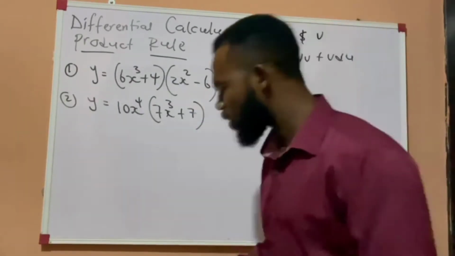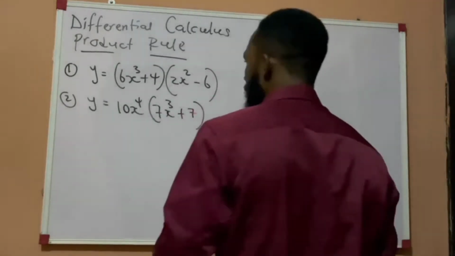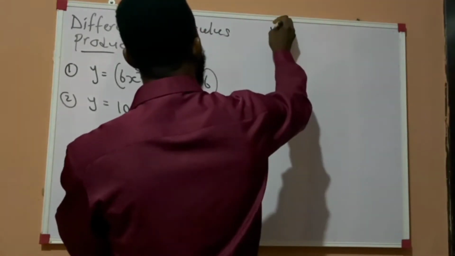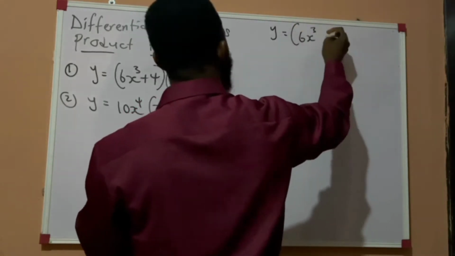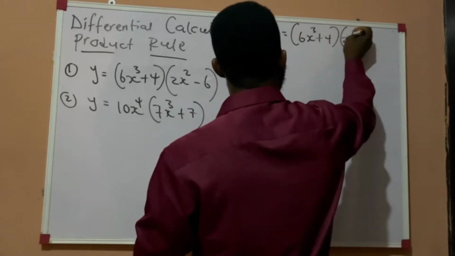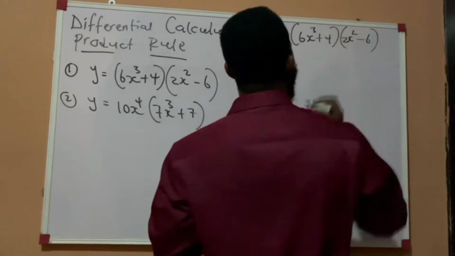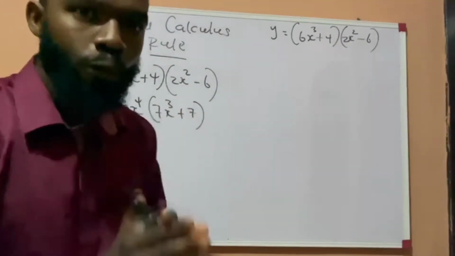If you take a look at question number one, it says y equals the bracket of 6x raised to the power 3 plus 4 and the bracket of 2x raised to the power 2 minus 6. If you look at this very well, you will notice I have two functions.